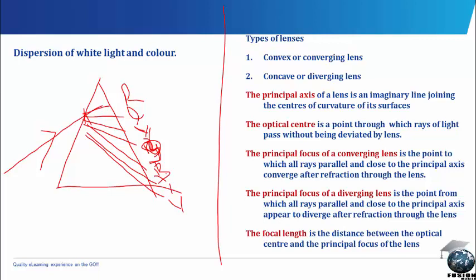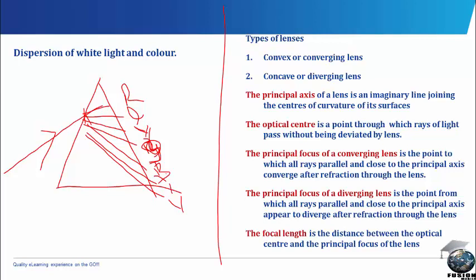The R represents red, O orange, Y yellow, G green, B blue, I indigo, and V violet. When white light is dispersed into its components this way, we have what we call dispersion of white light.